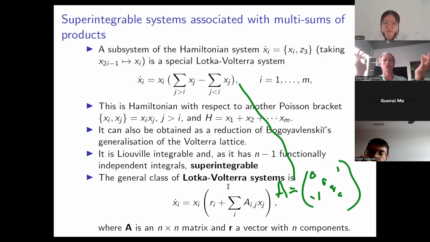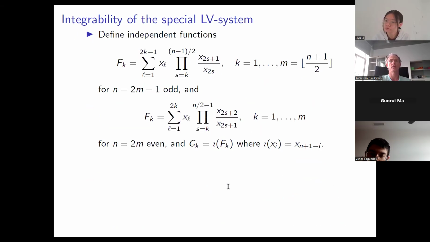And in general, you would not be able to find any integrals. But the question here is now, for which values of these n squared plus n parameters do we have an integrable system? An integrable system can be defined in many ways. We've seen two definitions here, Liouville integrable and superintegrable, but there are other notions as well. So we want to understand this class of systems a little bit better.